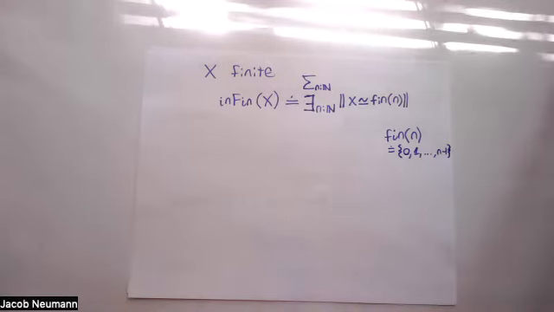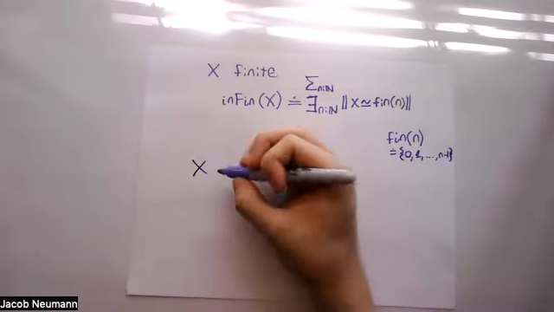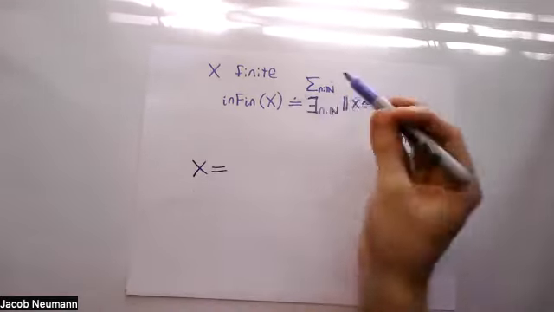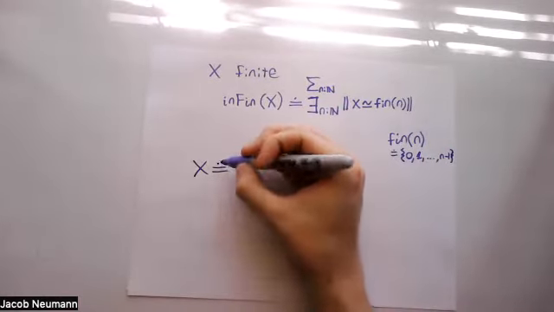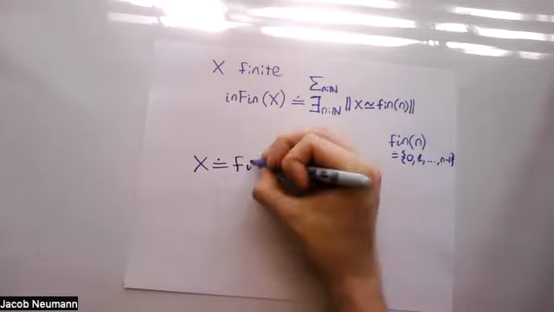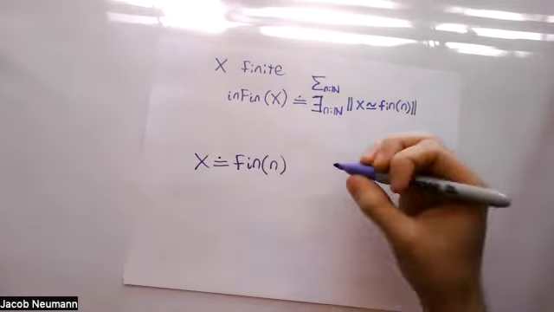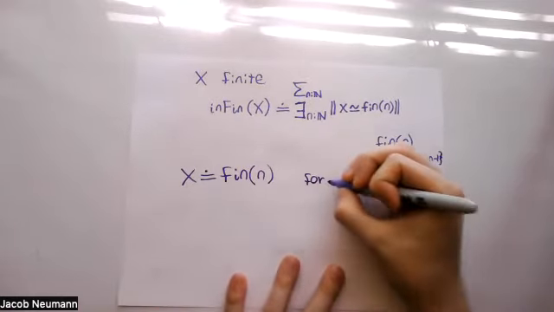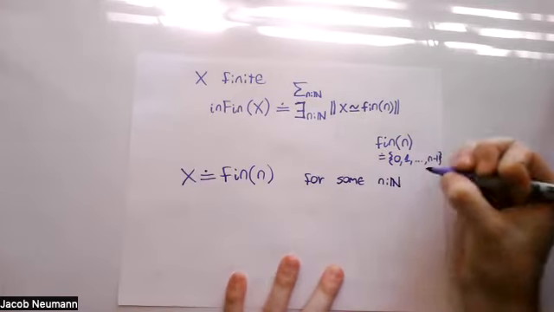going to do is we are going to assume it suffices to prove this property for any finite set. It suffices to do it when X is just of the form Fin n for some n.